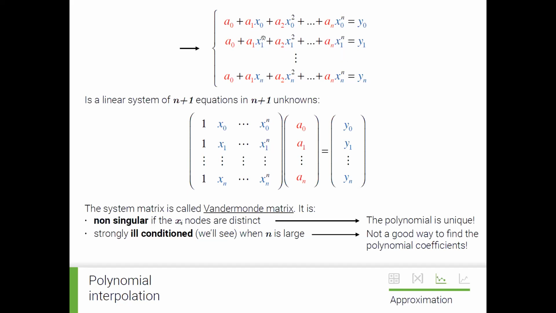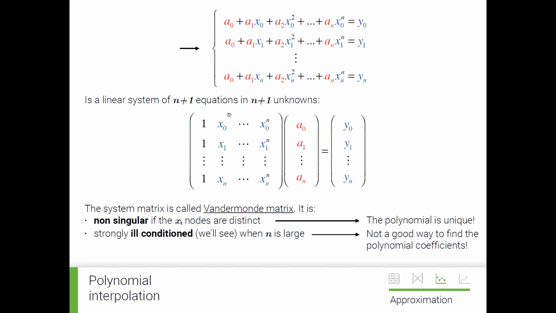You can see here we build these matrices consisting of the nodes: 1, x0, till x0 to the nth power, etc. Here we have the matrix of the unknown coefficients from a0 till an, and here we have yi.